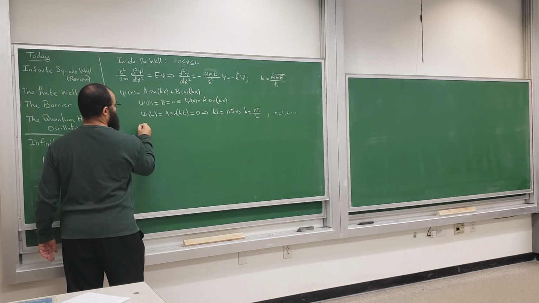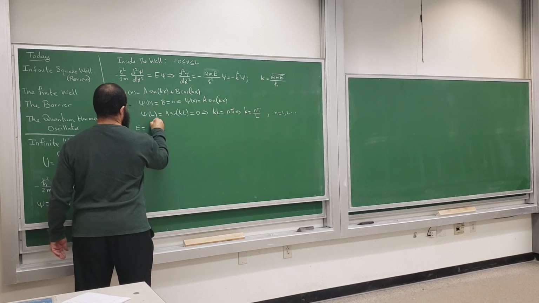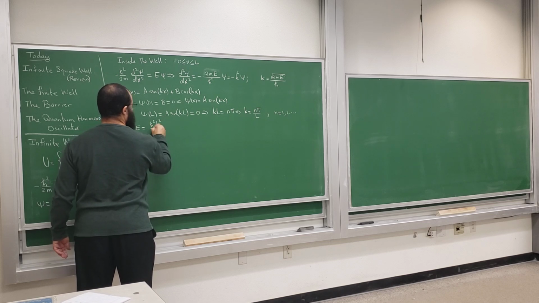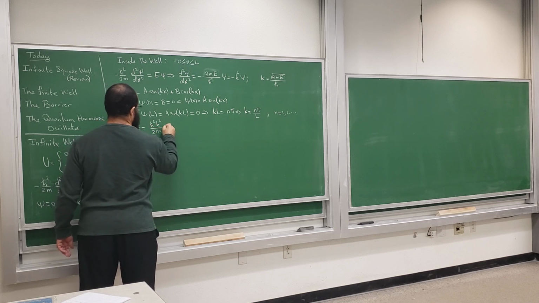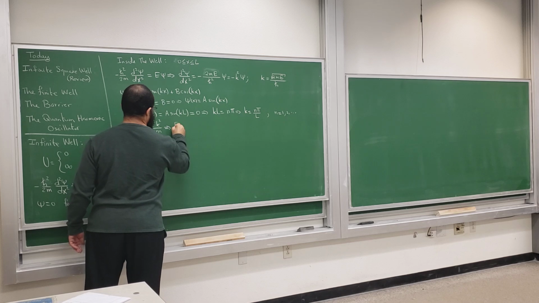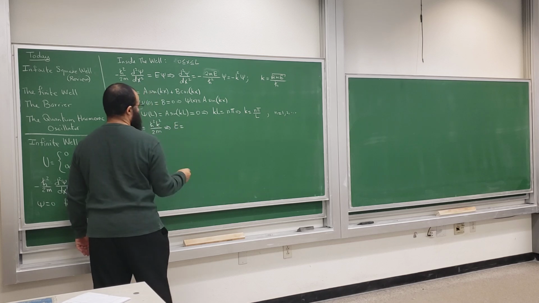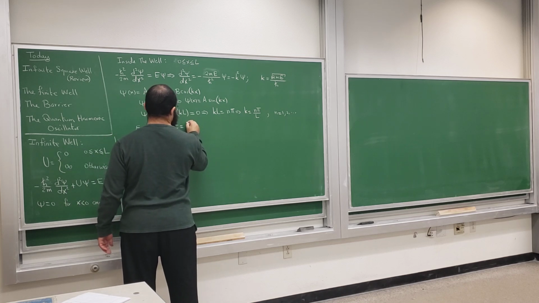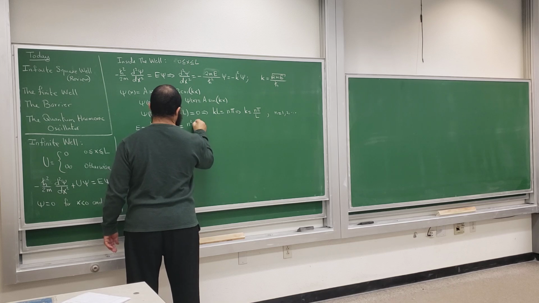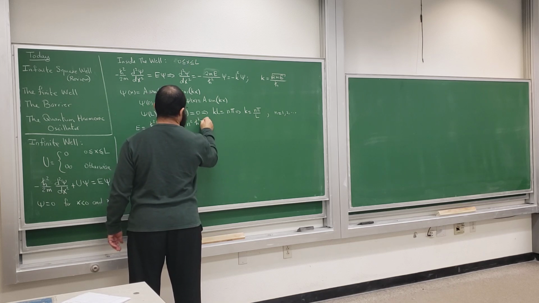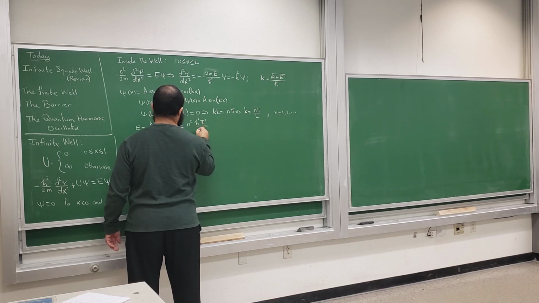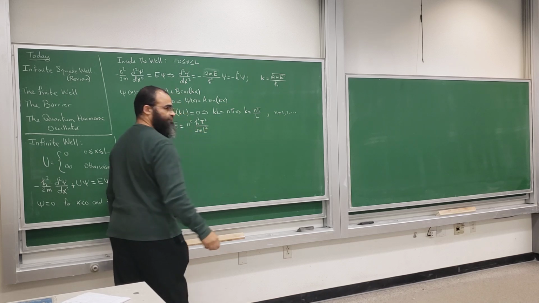The energy will just be h bar squared k squared divided by 2m. And so this means the energy will equal n squared h bar squared pi squared divided by 2m L squared.